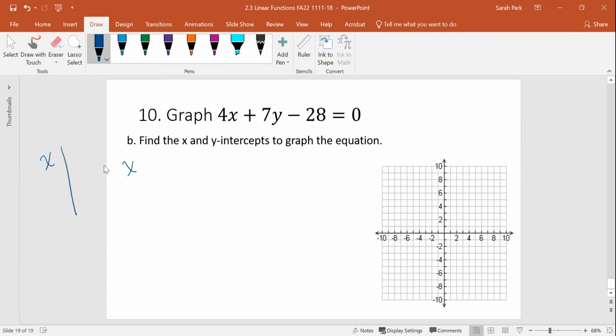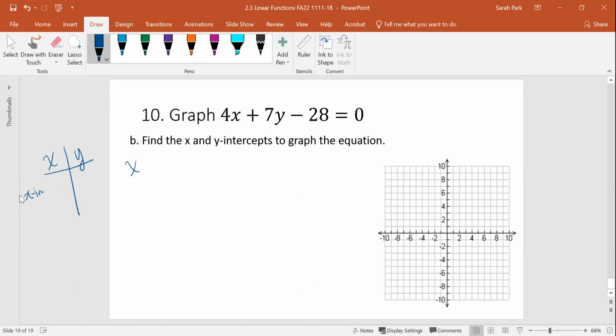To find the x-intercept, you're always going to use 0 for y and solve for the x value. For the y-intercept, you plug in 0 for x and then solve for the y value. Okay, so let's find the x-intercept first by substituting y equals 0 into the equation.